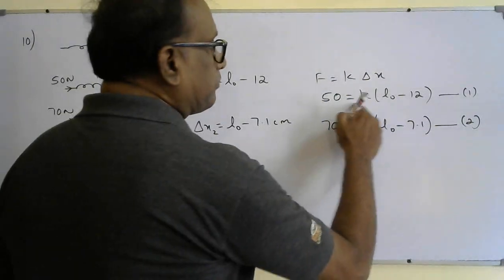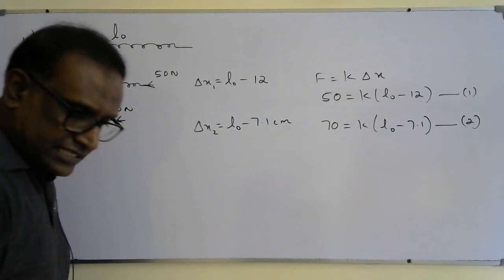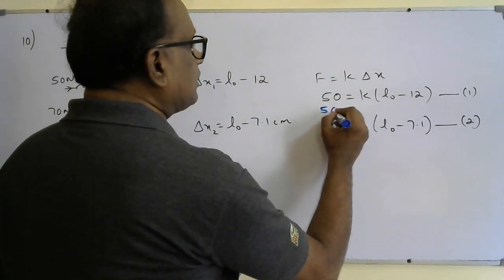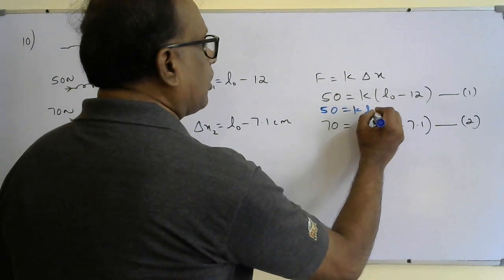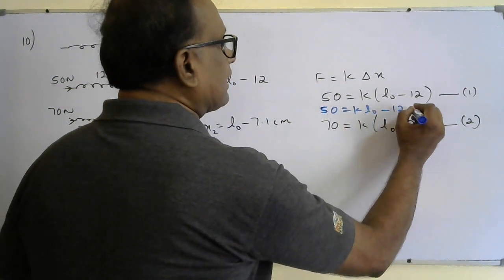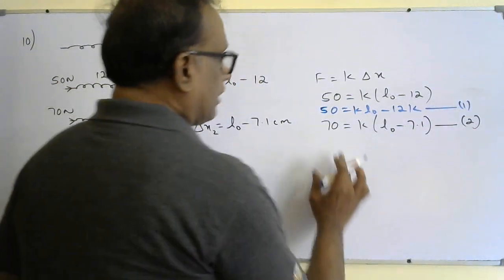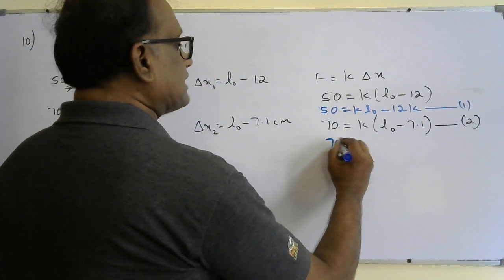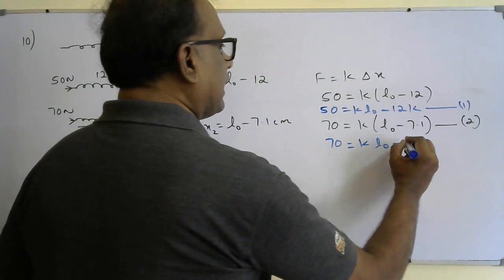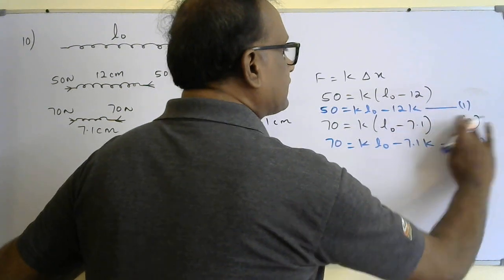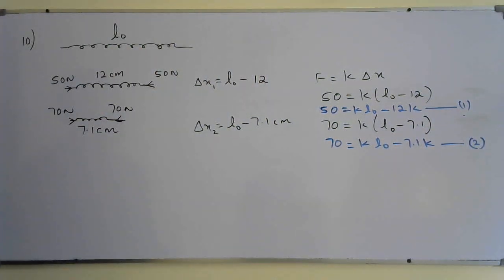Before subtracting, multiply inside. In the first equation you will get 50 is equal to K L0 minus 12 K, keep that as equation 1. Here also multiply inside, 70 is equal to K L0 minus 7.1 K. Keep it as the second equation.